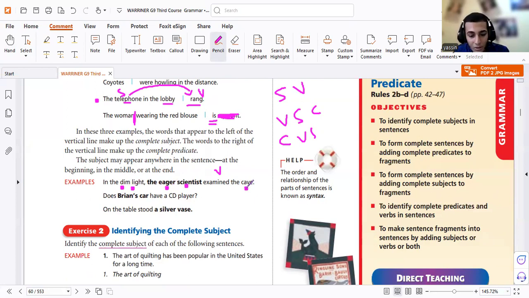So scientist is the subject and examined the verb. And how about the meaning? Scientists examined the cave in the dim light. Okay, no problem. Complete meaning. So this is called a sentence, so you can use a full stop.